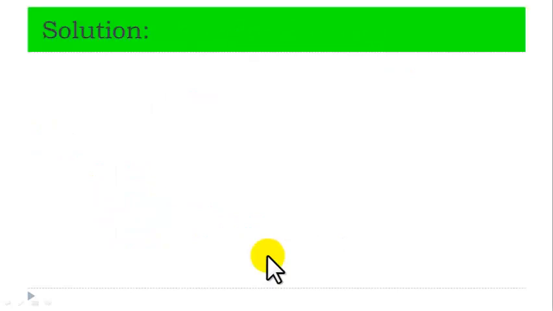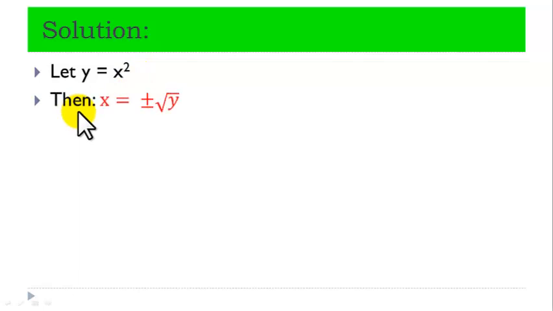Solution. Let y equal x squared, then x is equal to plus or minus the square root of y.